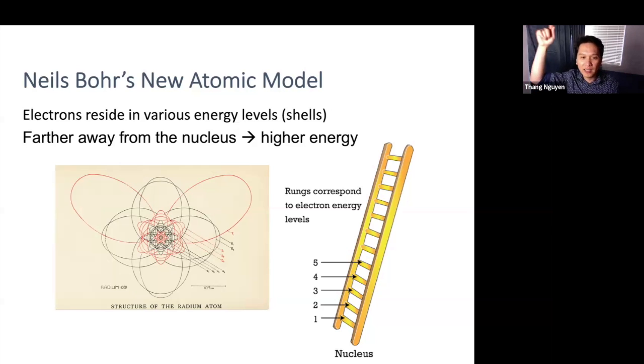But if you're on the highest rung and you jump down, you will feel a lot, because there's a higher potential energy from the distance from the ground. Much the same way, the closer electrons are to the nucleus, the lower the energy. The farther away they are from the nucleus, the higher the energy.